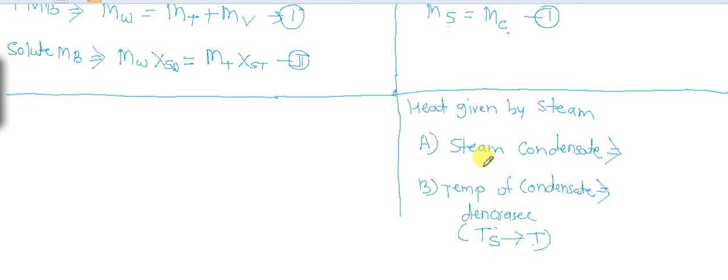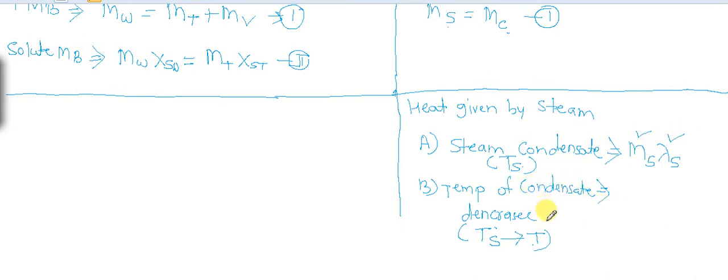The steam condensation takes place at temperature Ts. At that time, the heat given by the steam is calculated by the formula Ms into lambda S, where Ms is the mass flow rate of steam and lambda S is the latent heat of steam. So this equation gives heat given by steam when it condenses.